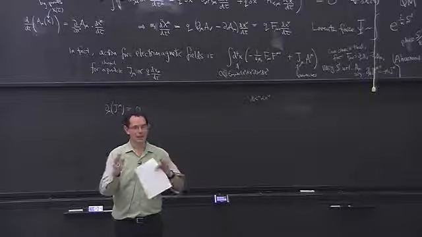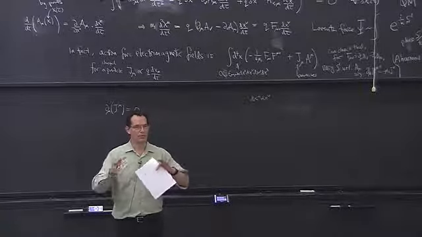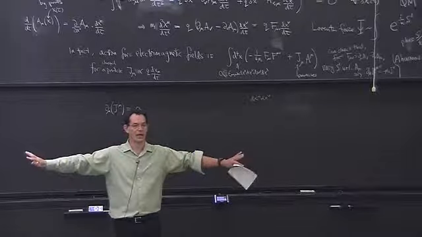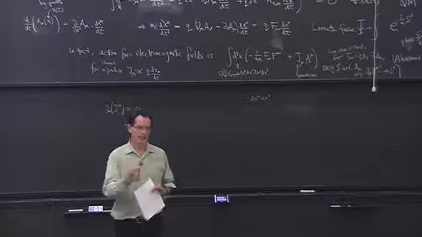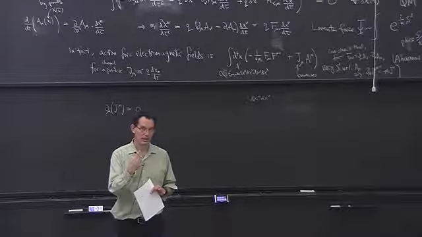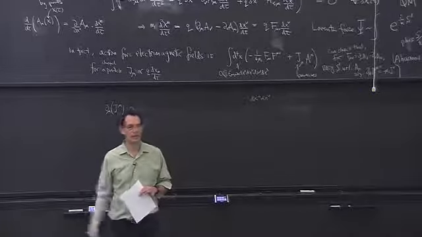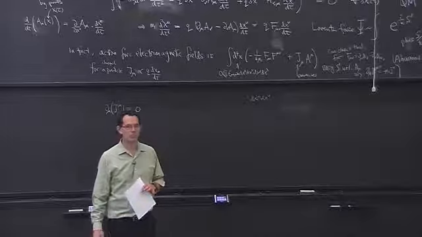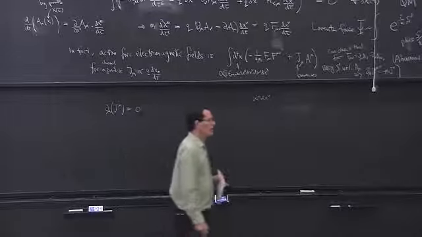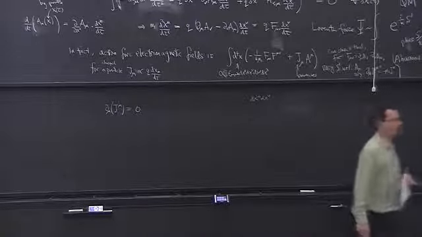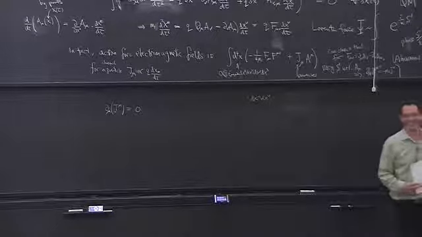If I insist the action doesn't vary for any such variation, then I can ignore the surface terms. And that's valid because like Coulomb's law decays? It's a delicate question whether it's valid.